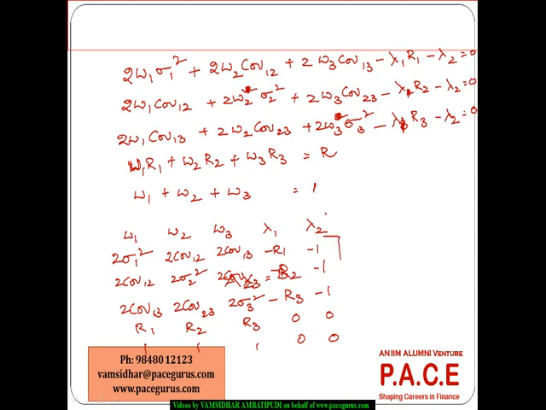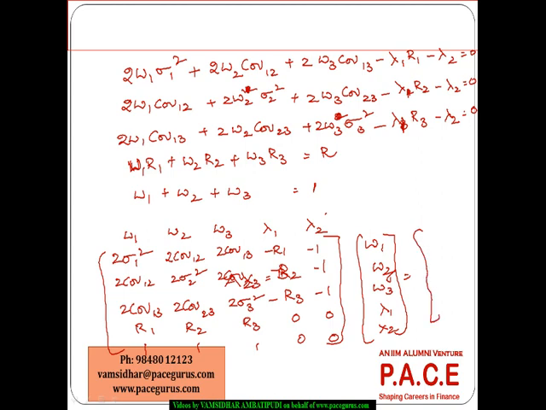This is my matrix A. This I multiply with another matrix W1, W2, W3, lambda 1, lambda 2. This is my matrix X, and this is where I equate it to B, which is 0, 0, 0, R and 1.